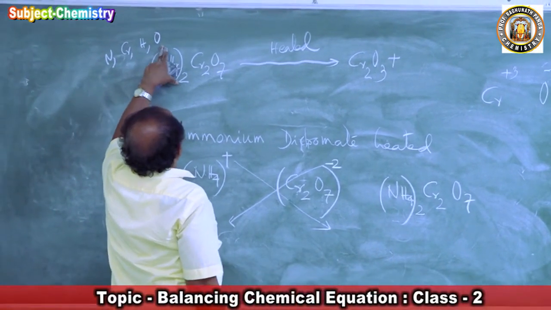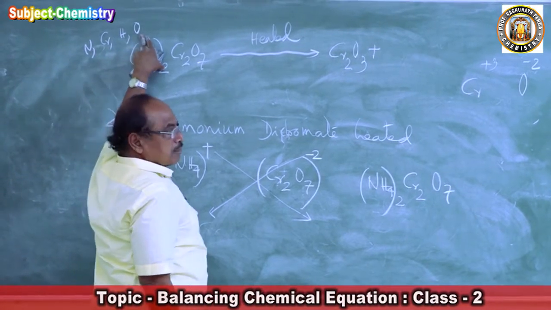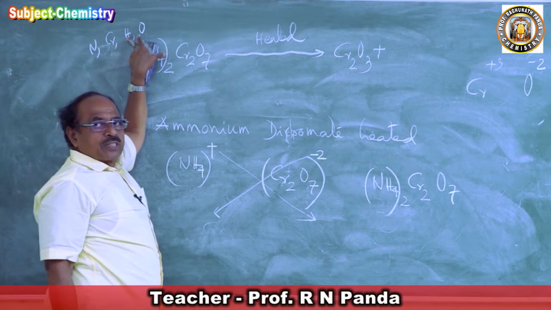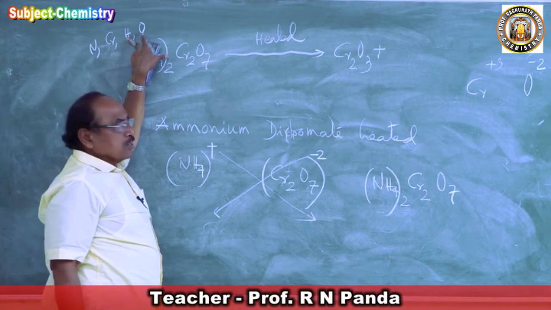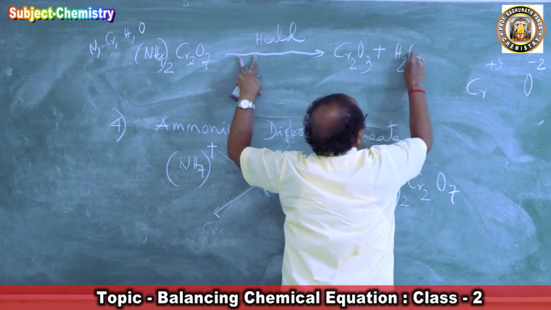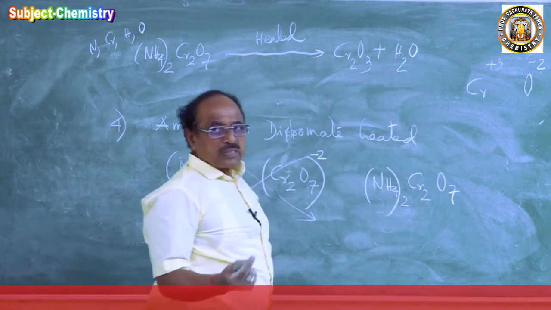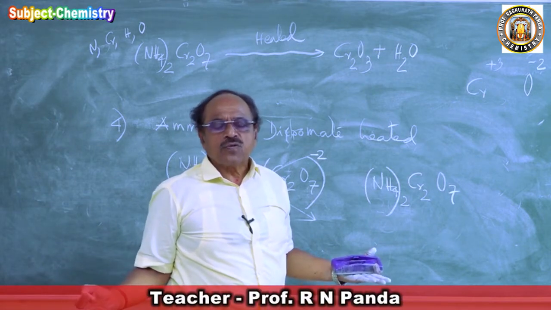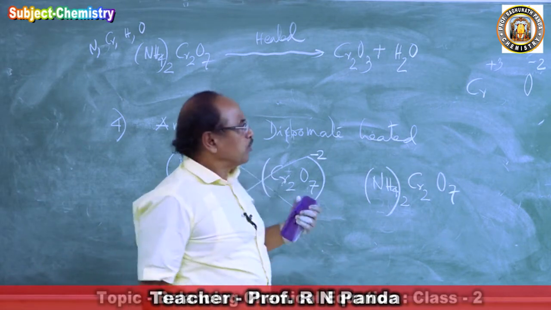Then who remains? Then hydrogen will react with oxygen. After chromium, who is next positive? The next positive is hydrogen. So hydrogen will react with oxygen to form what? Water. Hydrogen is positive, oxygen is negative, so hydrogen will react with oxygen to form water, H2O. Then who remains?